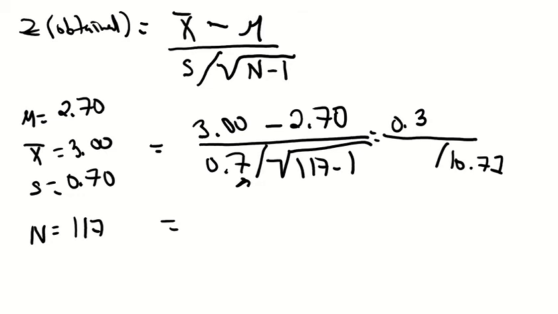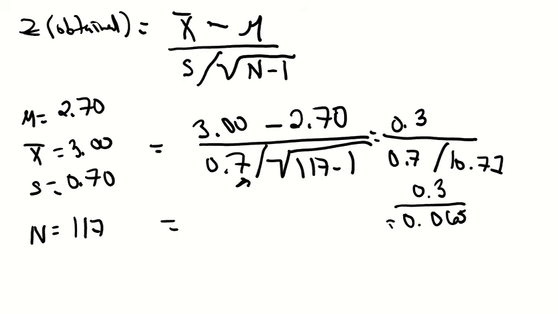Then we divide 0.7 by 10.77, and we get 0.065 for our denominator, rounding up.